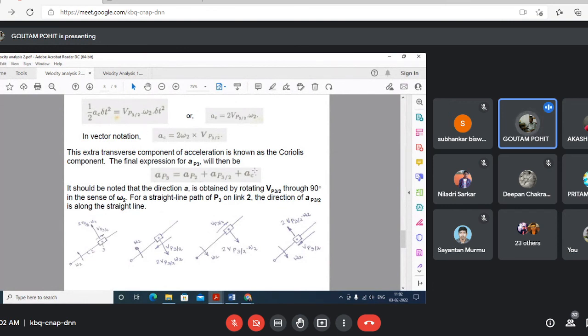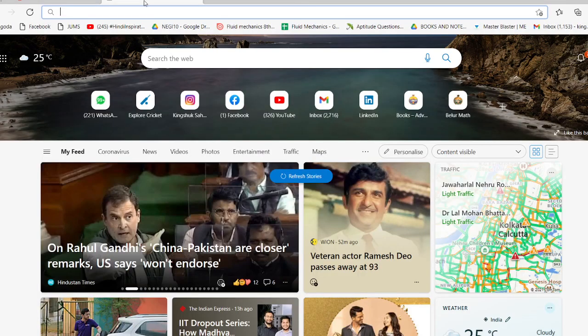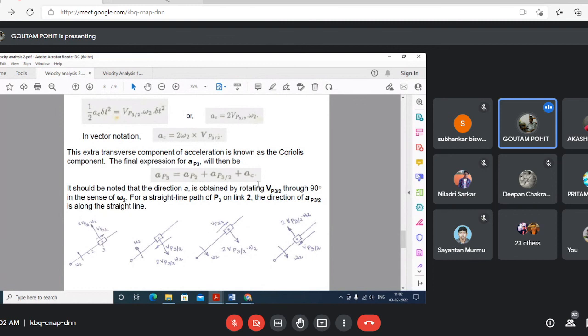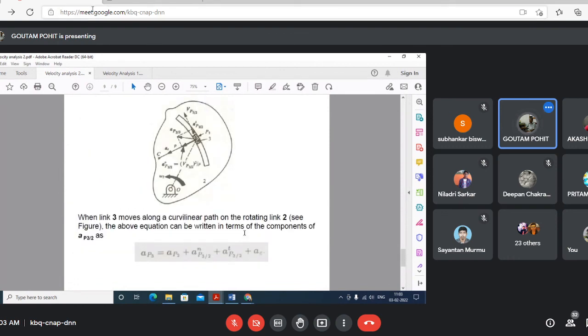So ultimately, that extra term we have to take into account, and this will be the acceleration equation: AP3 will be equal to AP2 plus AP32 plus AC. This is the Coriolis acceleration. If you analytically solve it vectorially, you will automatically get this Coriolis component. And its direction has been given here. Okay, you go through it.